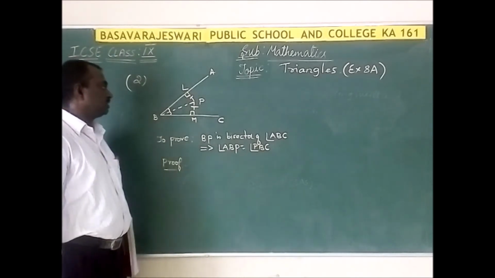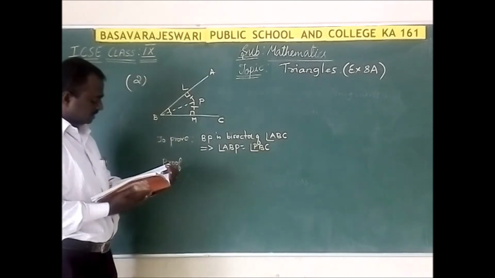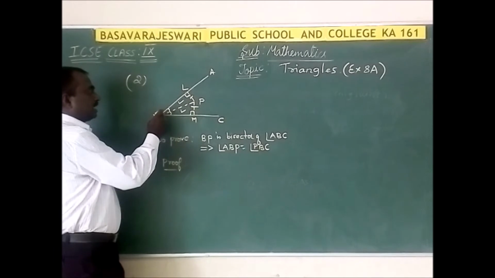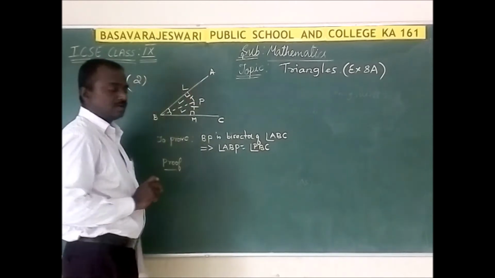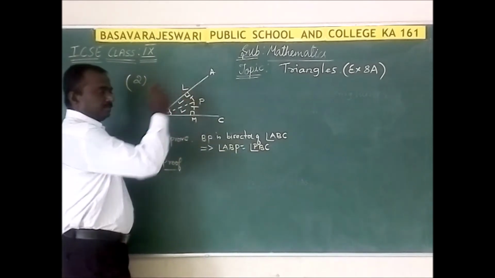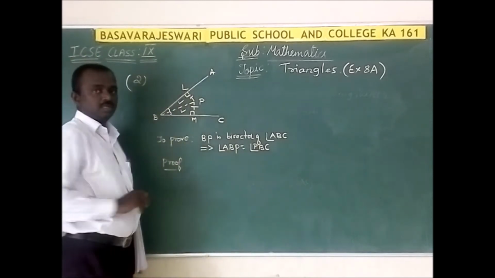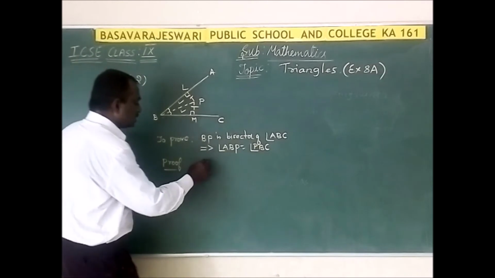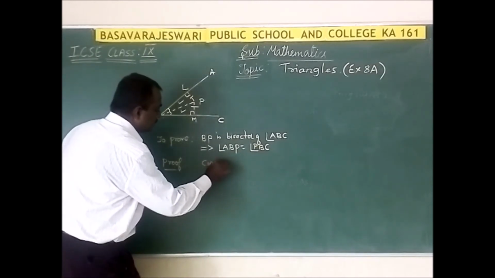Now we have to consider the two triangles. What are the two triangles we have to consider? Triangle BPL and triangle BPM. And we have to prove the congruency of these two triangles.